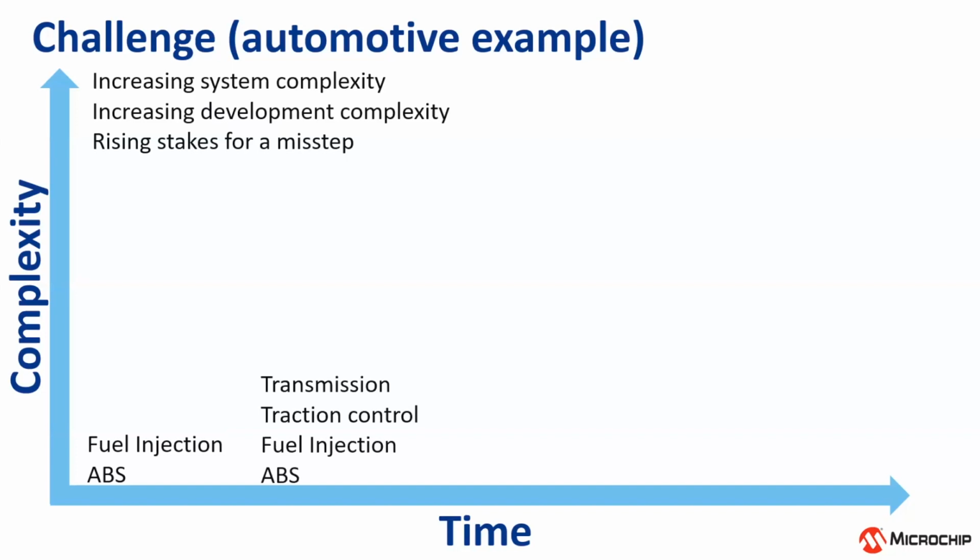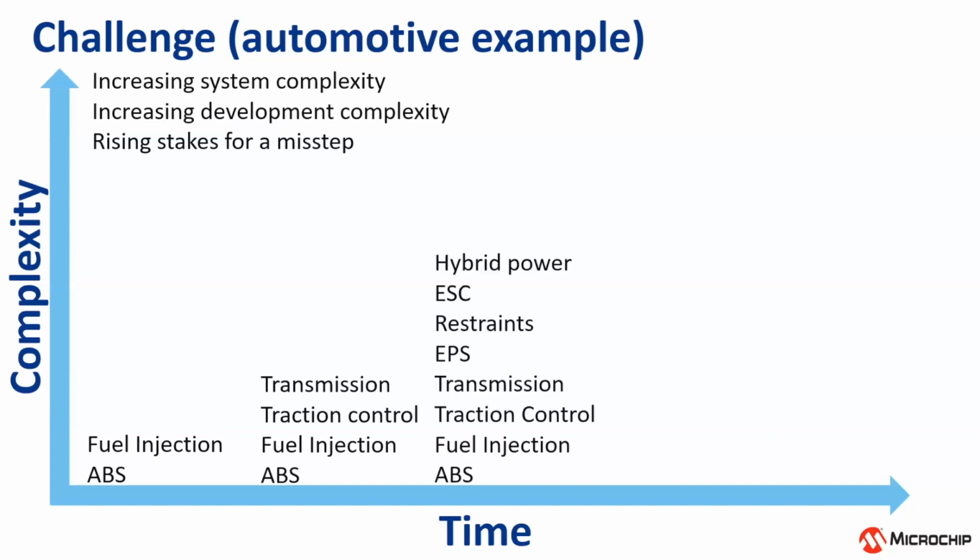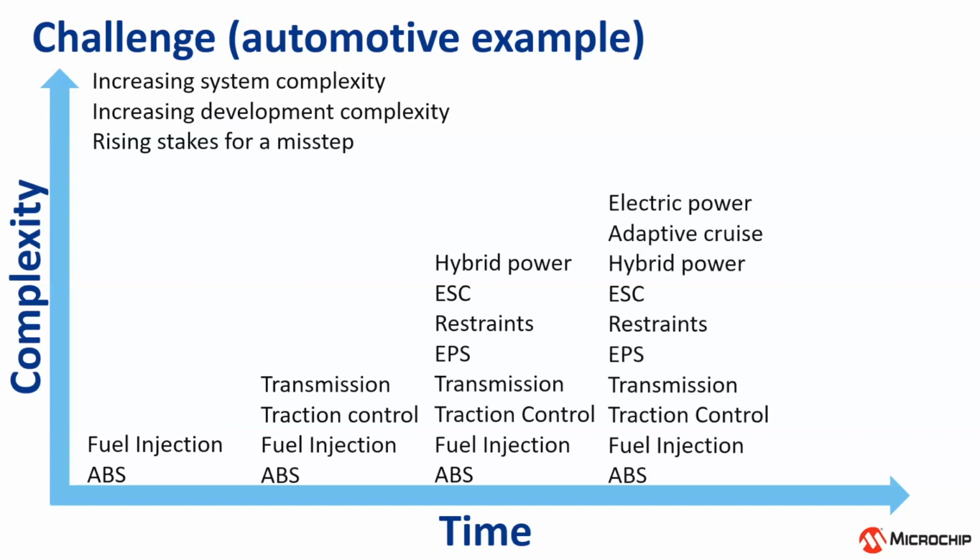In the 80s timeframe, transmission controls moved from mechanical to electronic. We added traction control. Then we added things like electronic stability control, electronic restraints, electronic steering. We even moved into hybrid power systems.